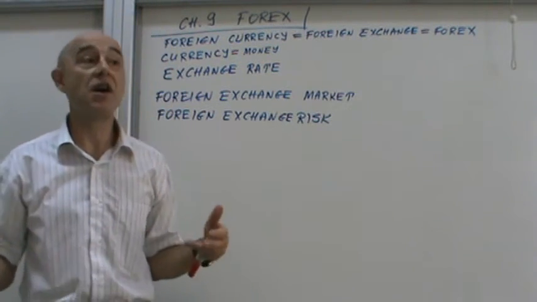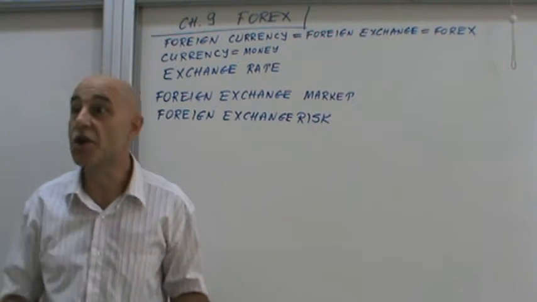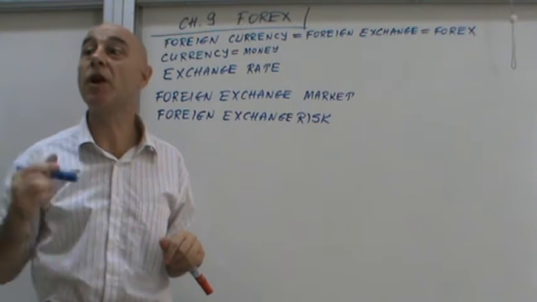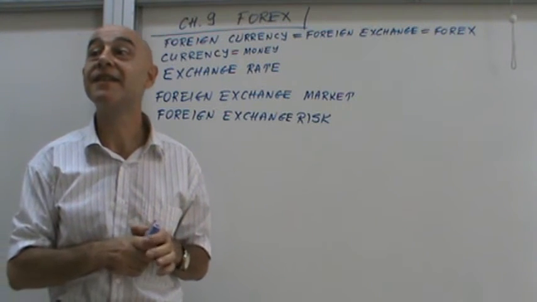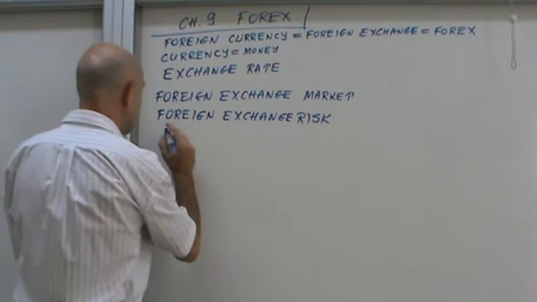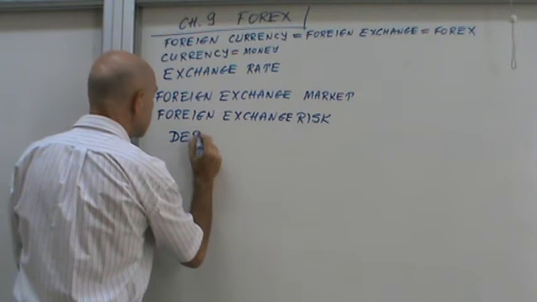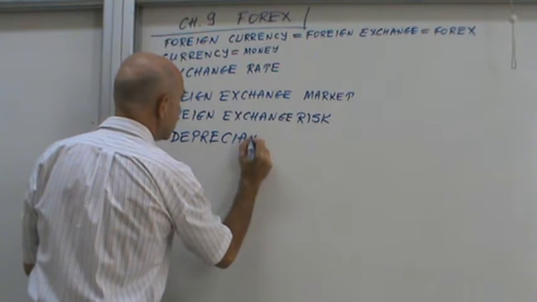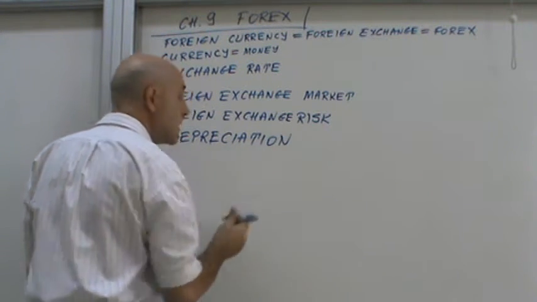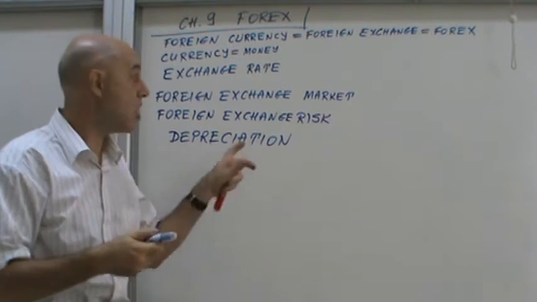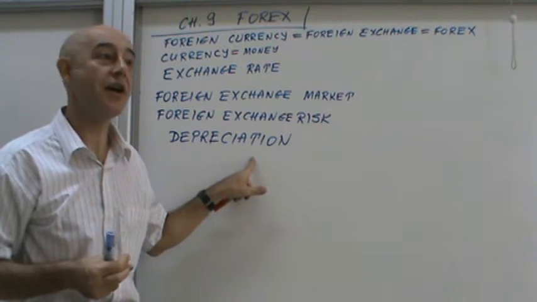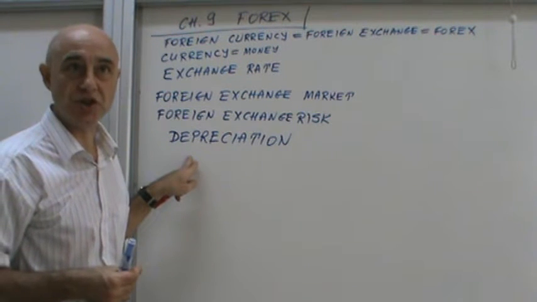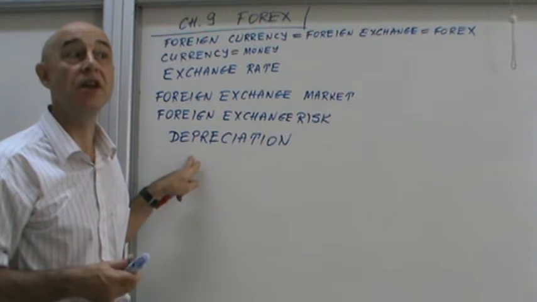The value of a foreign currency can go up and can go down. If it goes down, we call it depreciation. Depreciation is a loss of value. So a currency depreciation is a fall of value in a currency.